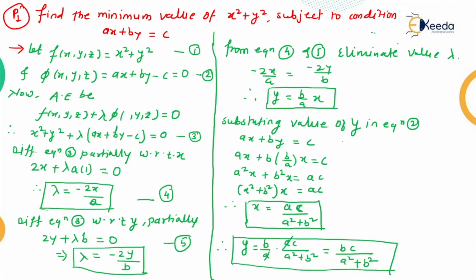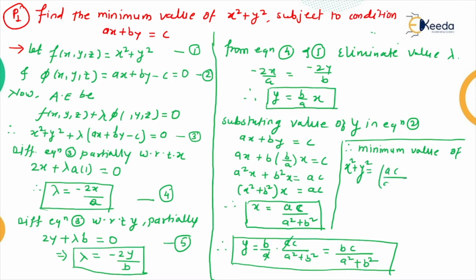Now let's see how to find the minimum of a function. The minimum value of x square plus y square is very easy, you only have to substitute the values of x and y. x is ac divided by a square plus b square, squared, plus bc divided by a square plus b square, squared.